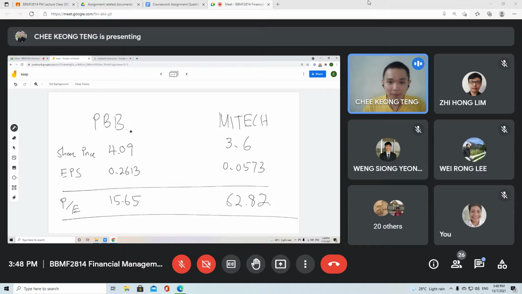Can you see that Public Bank right now, if you purchase the share at 4.09 per share, it can earn you 0.2613, 26 cents per share every year.